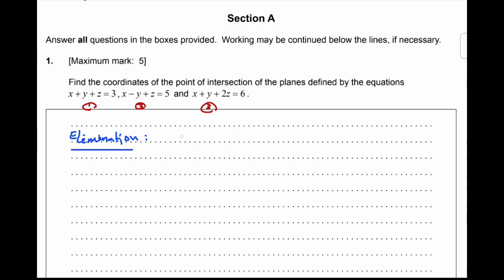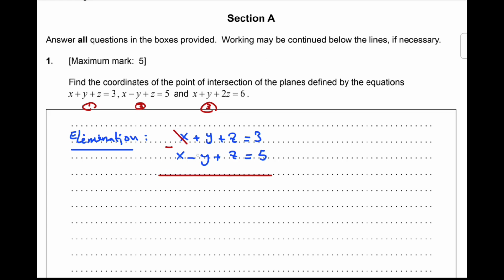If you place the first equation and the second equation on top of each other, you will notice that the 2 variables x and z in both equations have the same coefficient. So we can eliminate both of them simultaneously by subtracting the 2 equations.